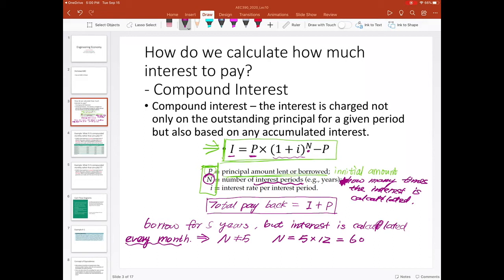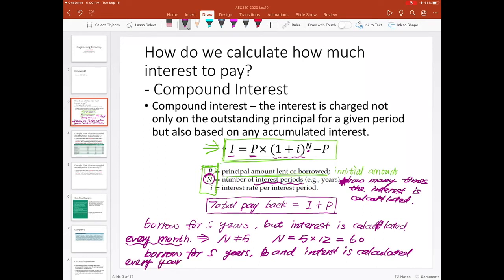I can also write the usual, easy case: if you borrow for 5 years and interest is calculated every year, then your n is 5. No problem. Try to compare these two cases and see if you understand why I said n is a little bit tricky.